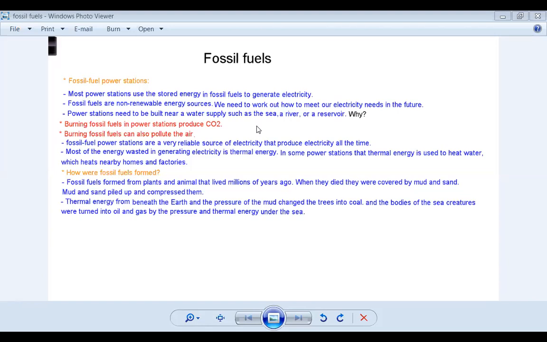To throw their waste in it. No, in this case, you will pollute the water. All the power stations are doing that, I think. The power station is a generator for the electricity, but why do we need to build it next to or near a water supply? Like it helps it to work. Yeah, they're going to use the water in the power station.